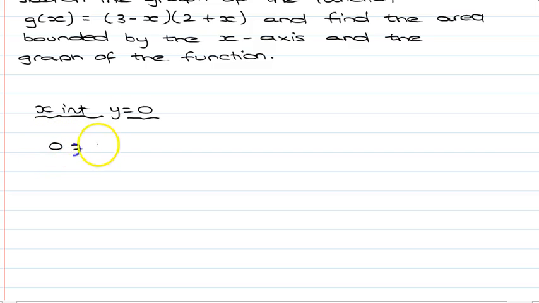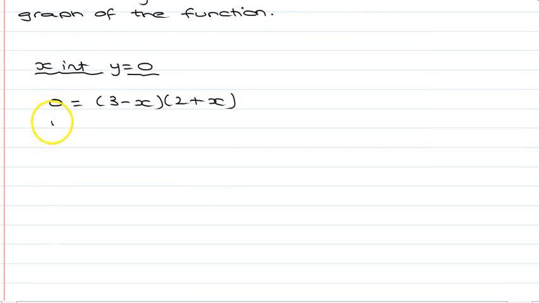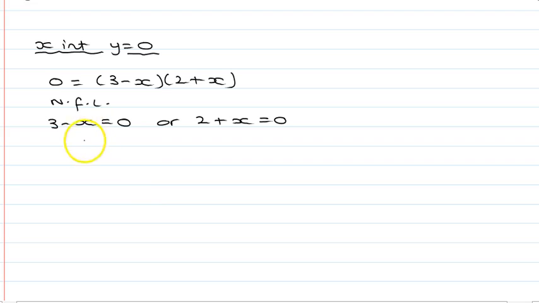So 0 equals 3 minus x bracket 2 plus x. We can use the null factor law to solve this, which tells us that either 3 minus x equals 0 or 2 plus x equals 0. Solving these gives us x equals 3 or x equals minus 2.